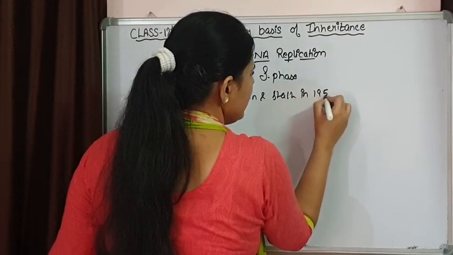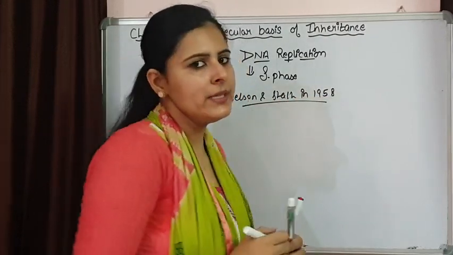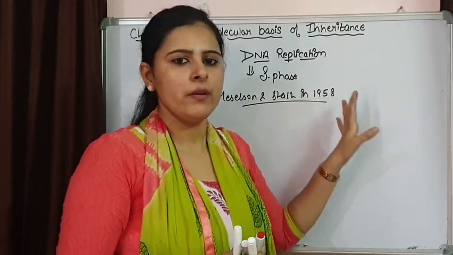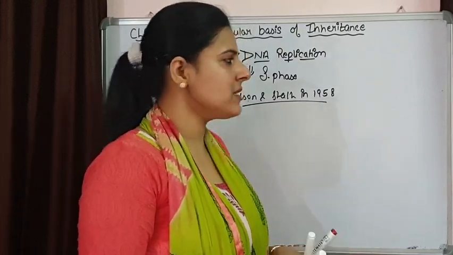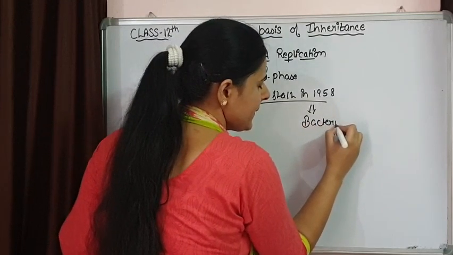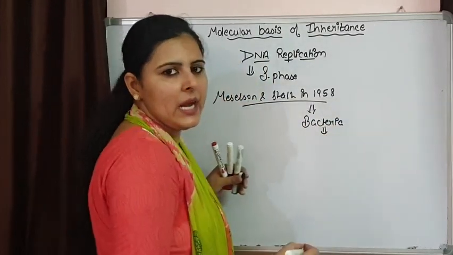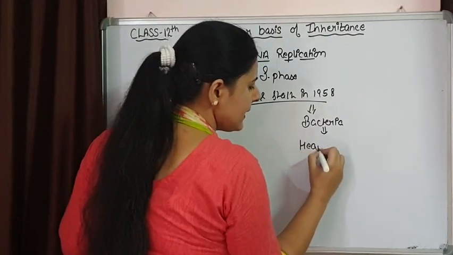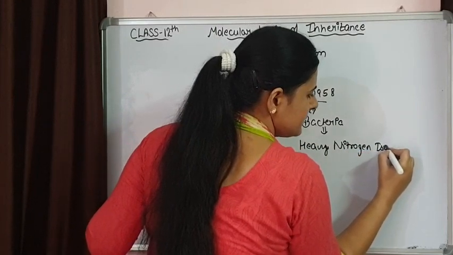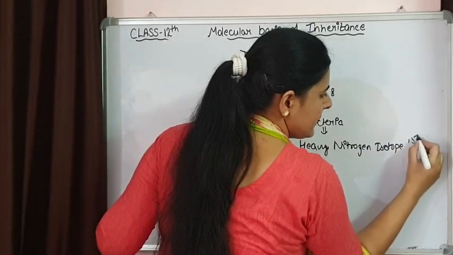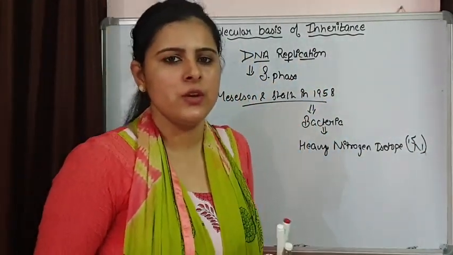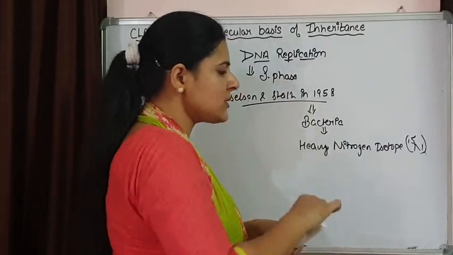In 1958, they tried to explain the semi-conservative method of replication. To explain this, they took bacteria and grew it in a medium containing the heavy nitrogen isotope N15, for multiple generations.